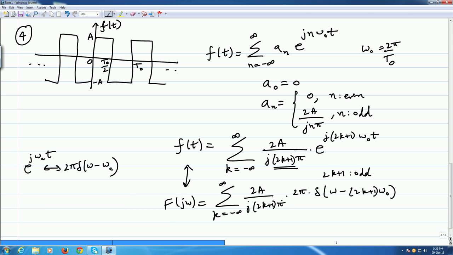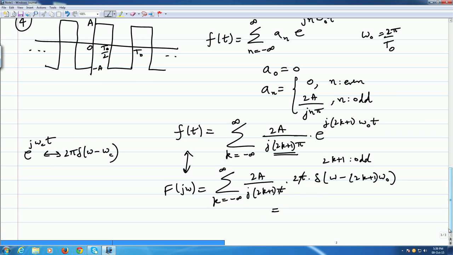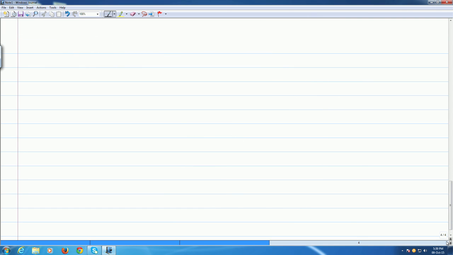The pi and pi would cancel, and you can simplify this finally to the sum over k equals minus infinity to infinity of 4a by j 2k plus 1 times delta omega minus 2k plus 1 omega naught. So, that is the Fourier transform for the fourth question. Let us move on to the fifth one.